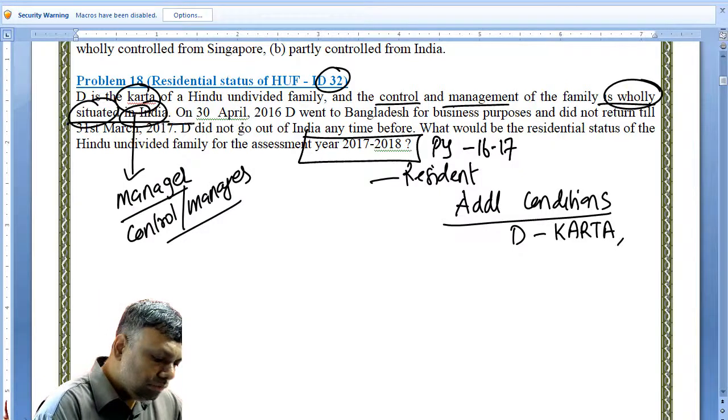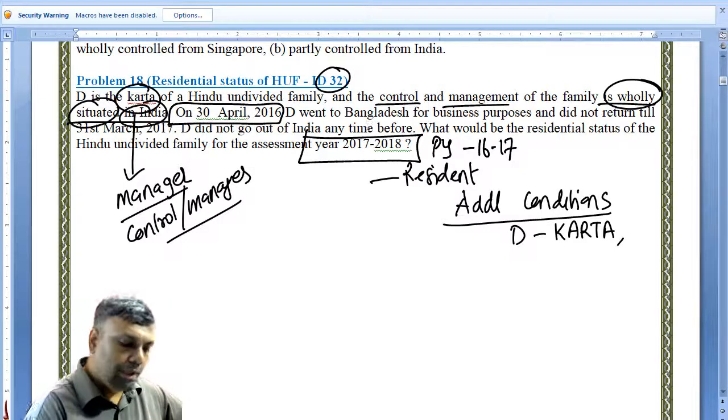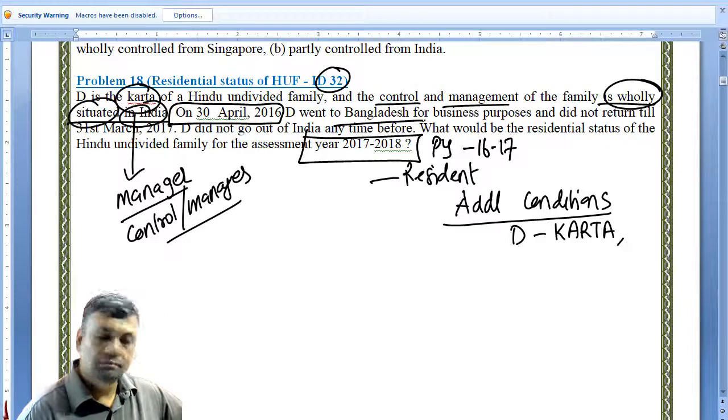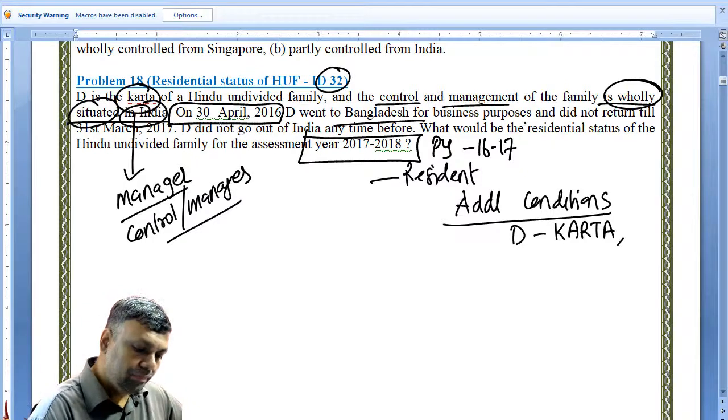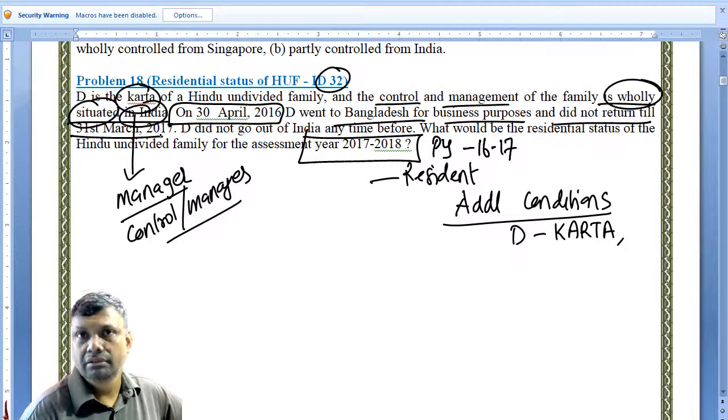And on April 30, 2016, he went to Bangladesh. He did not return till March 31st, 2017. So if you think logically, April 30 he left, so about 29 days he stayed in India.